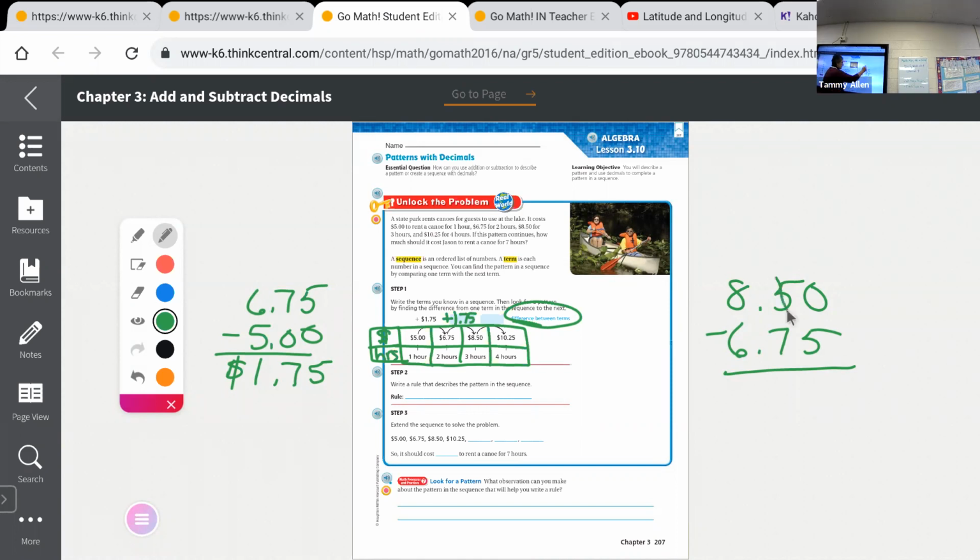Okay, you have to borrow here. And again, you get that $1.75. Okay? But you don't just let it happen once. You've got to let it happen a couple of times to make sure that it's going to hold true. Okay? Does that make sense? Because it's not really a sequence unless you can prove it a few times.